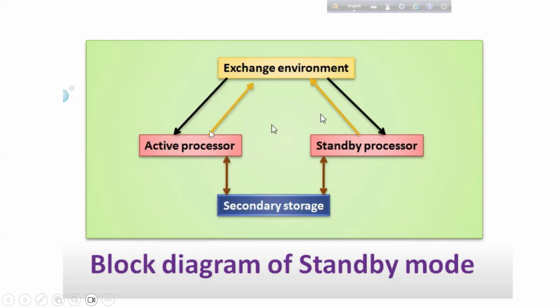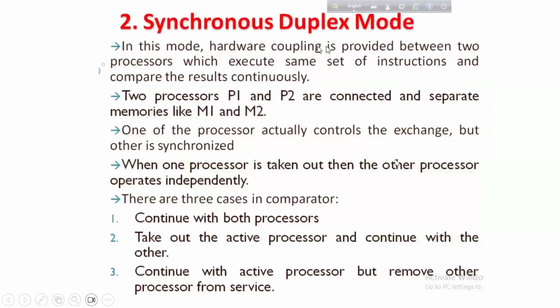Both of them are connected with the exchange environment and both of them are connected with the secondary storage. Whenever the active processor is not in action or it fails, the standby processor will go into action.